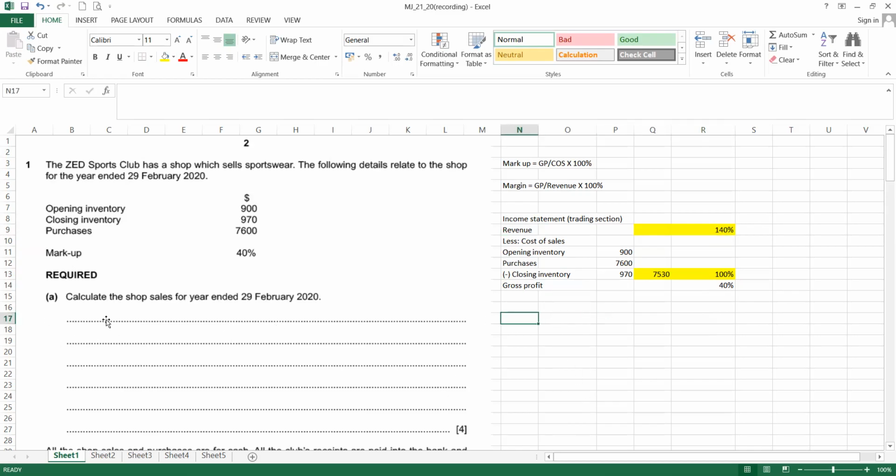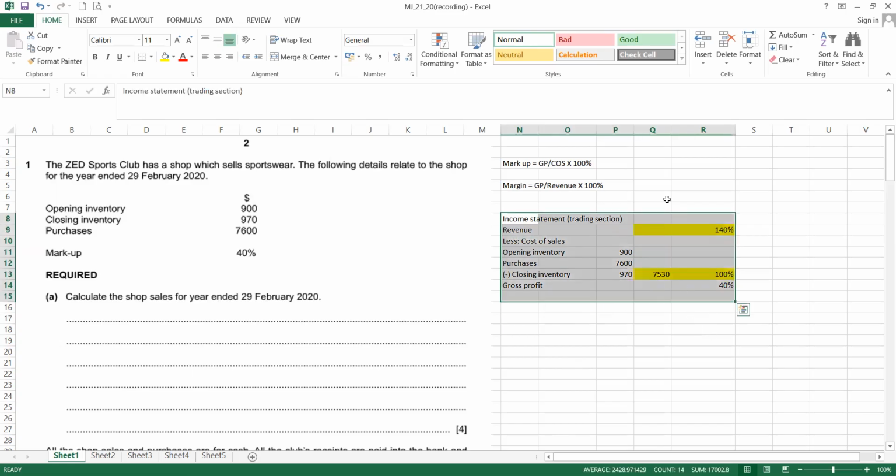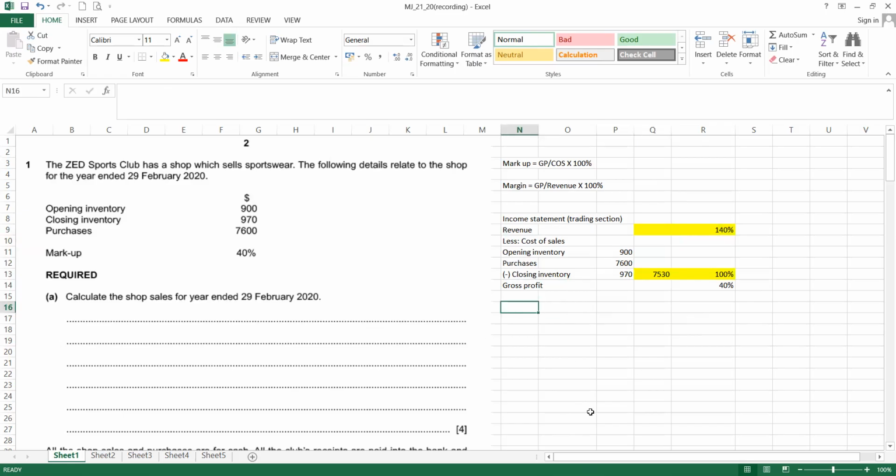So if they give you the format, you can use this presentation to find your answer. Or another way is to use the calculation method: cost of sales equals 900 plus 7,600 minus 970, equal to 7,530. This is the cost of sales.